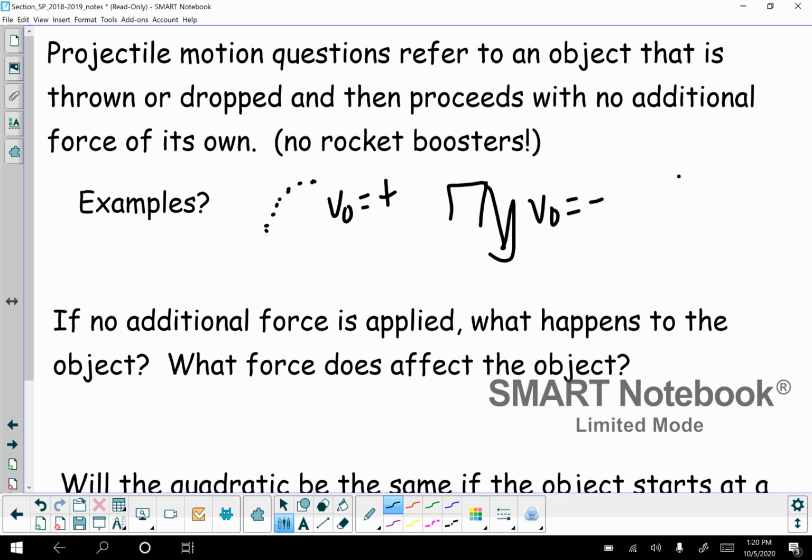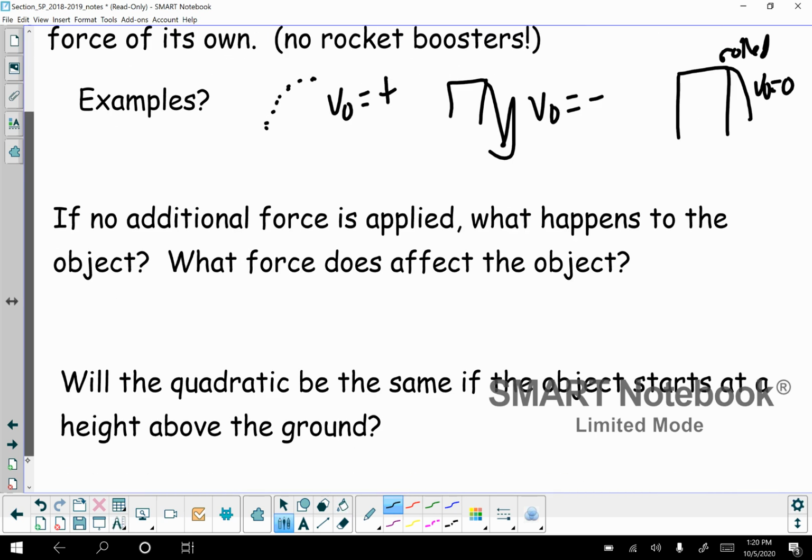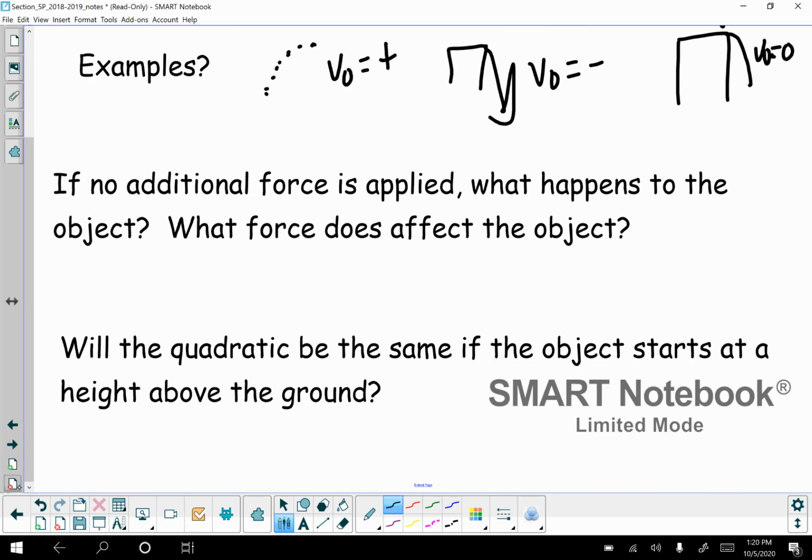And if something just rolled off the table, it wasn't thrown, there was no force, your V naught would be equal to 0. No additional force applies, so it's going to accelerate towards the ground. Will the quadratic be the same if the object starts at a height above the ground? We'll talk about that in a little bit too.